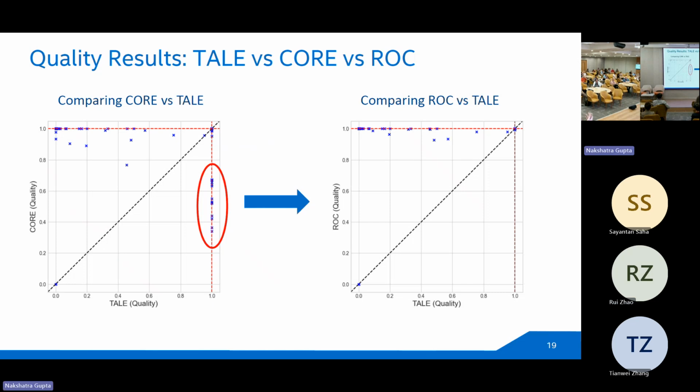And when we upgraded core to ROC, so we combine tail and core, all the instances in terms of quality are better than tail. So this is a huge boost in terms of quality.